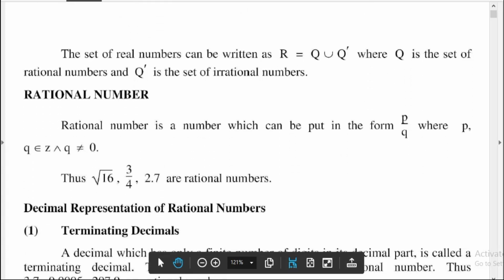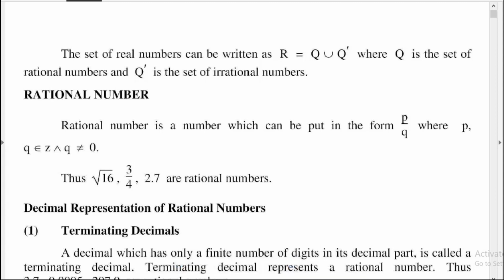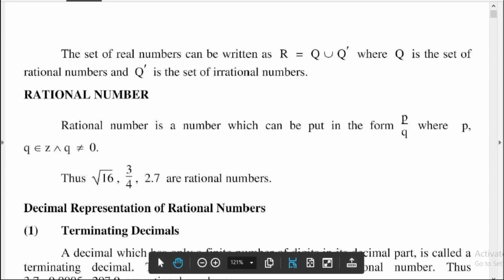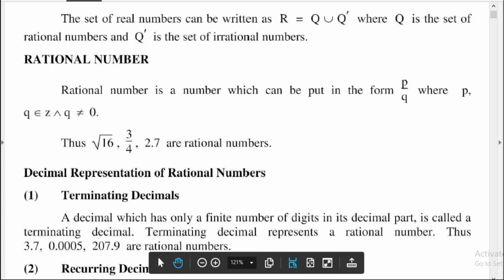Next, terminating decimal representation of rational numbers, that is, first, terminating decimal. It means ending point. So a decimal which has only a finite number of digits in its decimal part is called a terminating decimal. A terminating decimal represents a rational number.